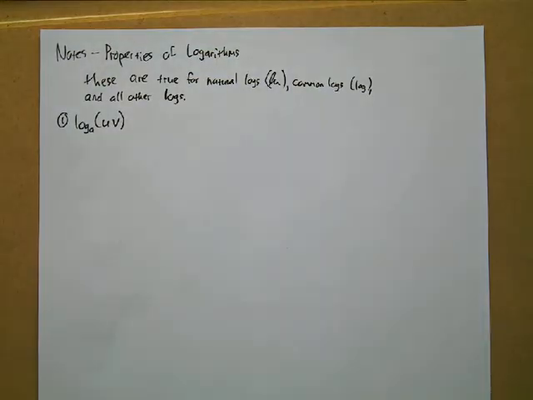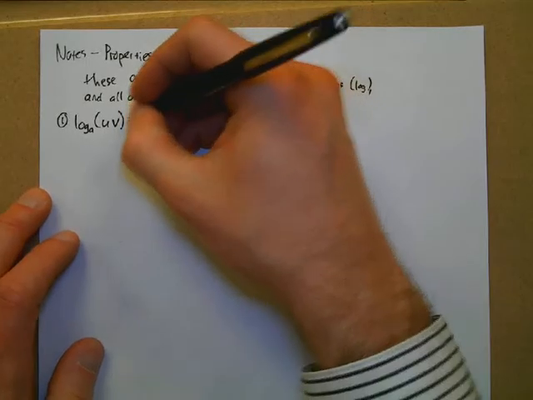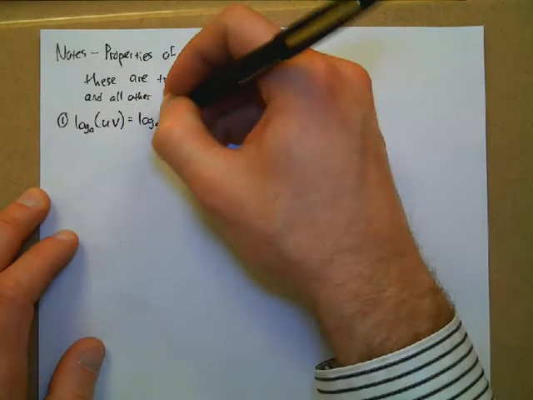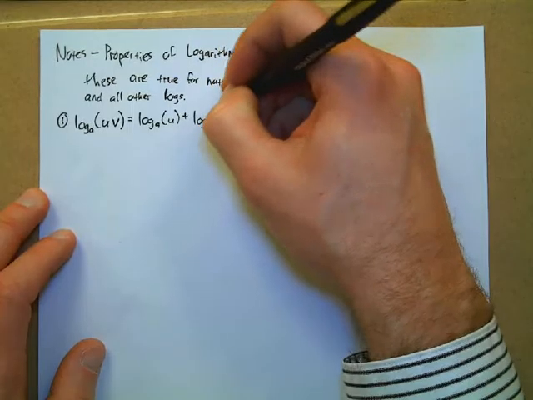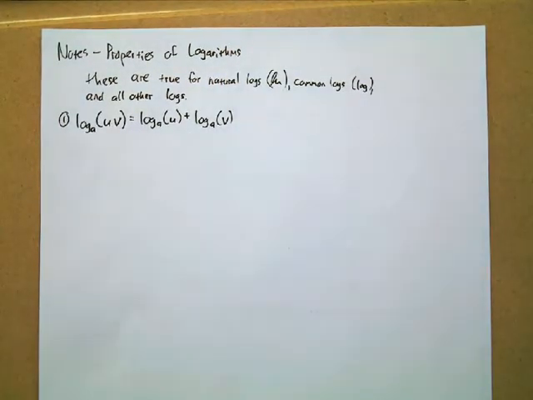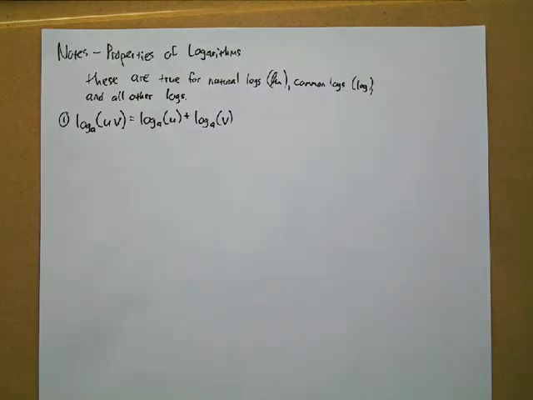And that is equal to the log base A of U plus the log base A of V. So multiplication within a logarithm can break apart that product as a sum of individual logarithms. Sum. So product inside becomes a sum outside.